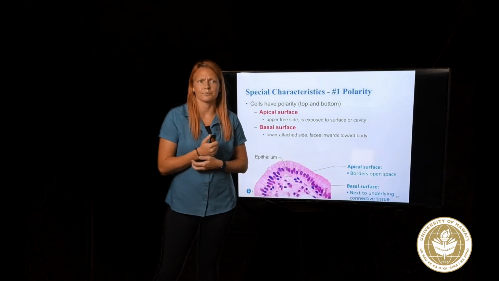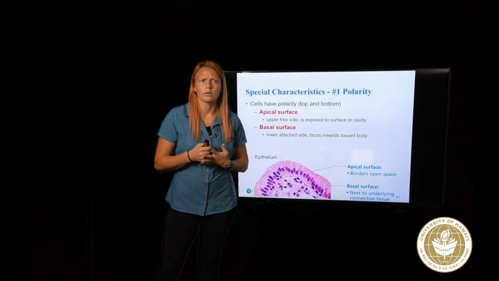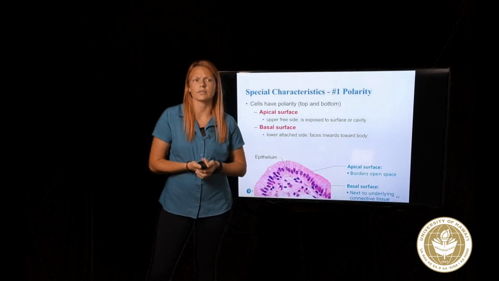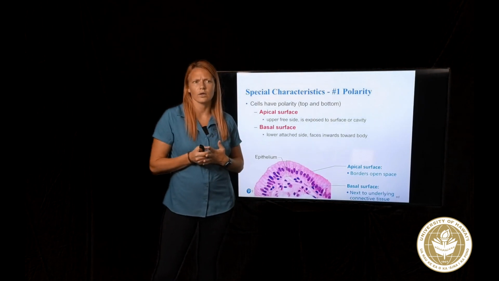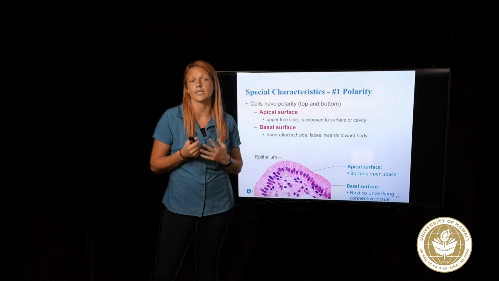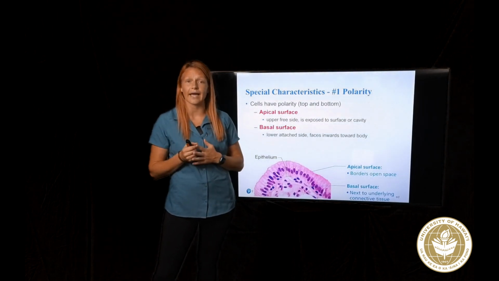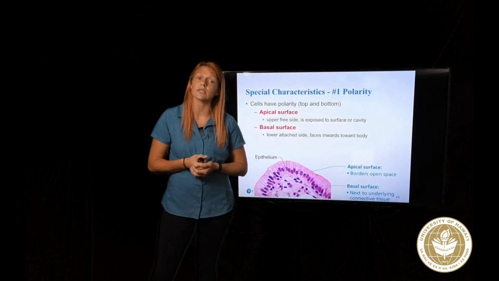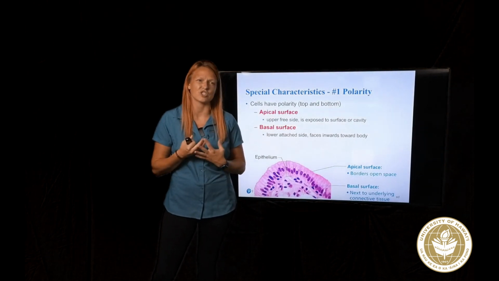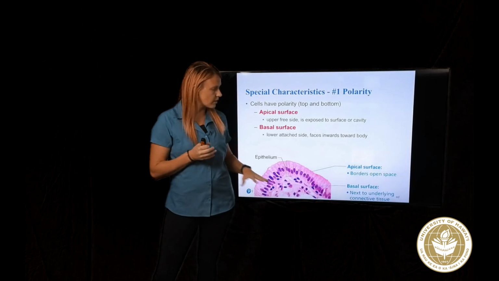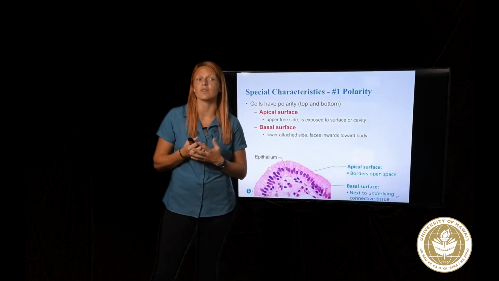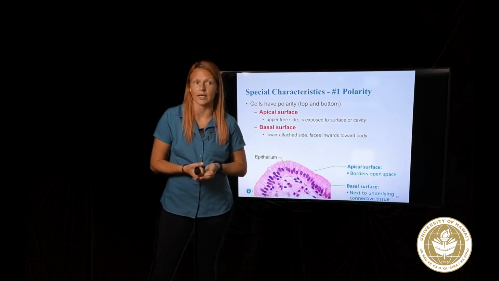And it's often going to attach to something we call the basal lamina, which we'll talk more about in a few seconds. But the basal lamina is kind of this adhesive sheet that is going to hold the basal surface of the epithelial cells to the underlying cells.